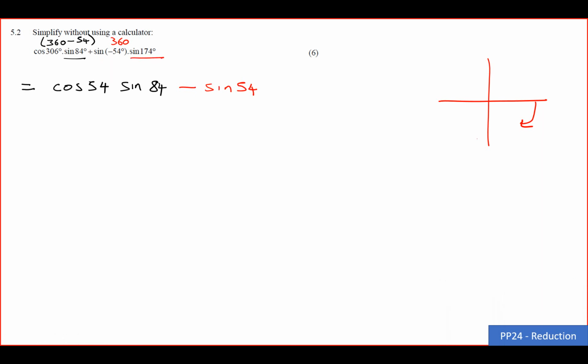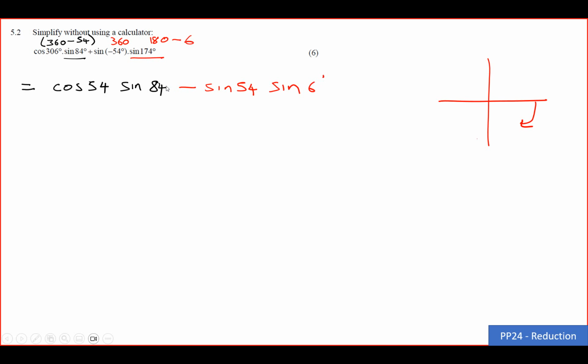Then we have sine 174, and that is in the second quadrant. We can write that as 180 minus 6. And remember, in the second quadrant, sine is positive. So we have sine 6 degrees. So you'll notice that the cos 54, sine 54 angles are matching.